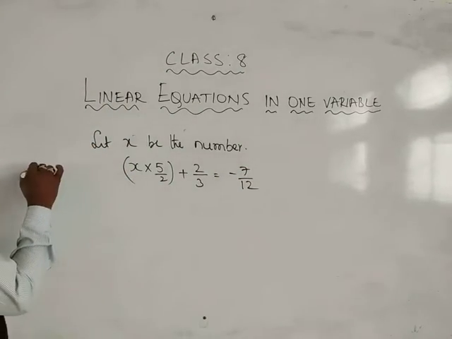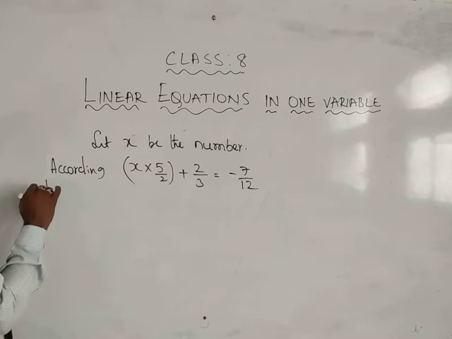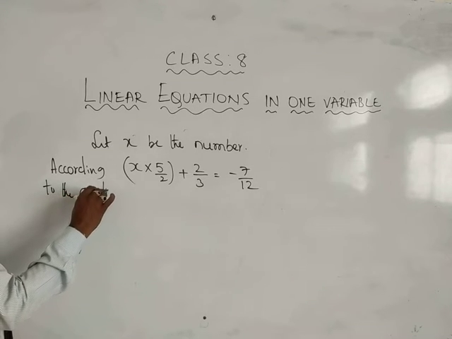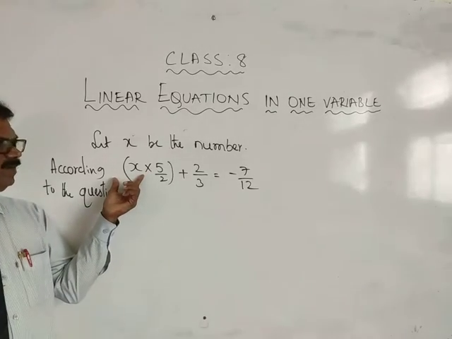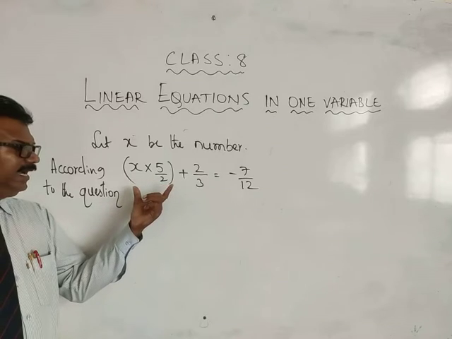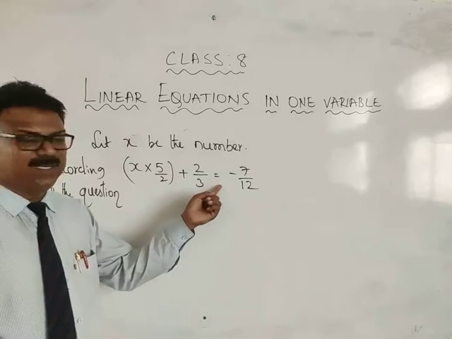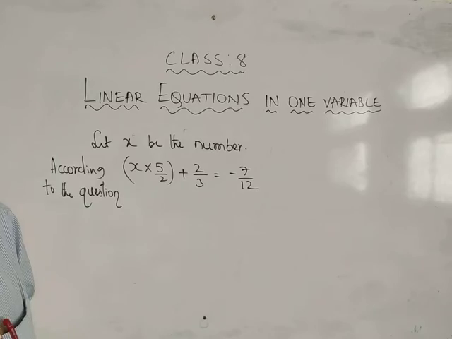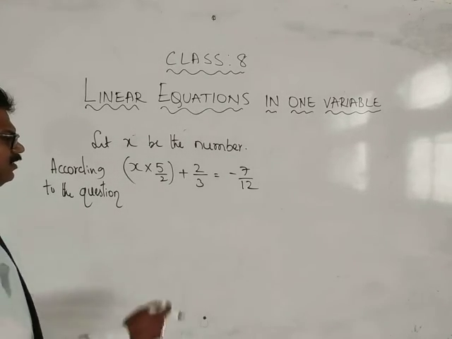This is according to the question. Take one rational number that is multiplied by 5 by 2 and the whole result is added to 2 by 3, and the result will be minus 7 by 12. Okay, now very simple.